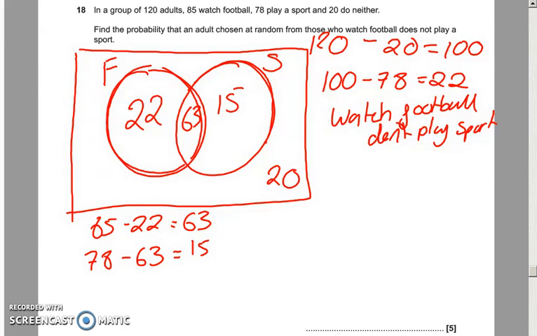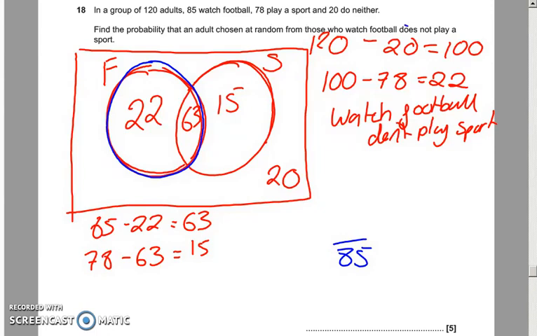That's our Venn diagram actually sorted. Now let's look back at the question. What's it asking us to do? Find the probability that an adult chosen at random from those who watch football, so that's from this whole circle here, does not play a sport. So we know it's going to be over 85 because that's the amount of people that watch football.